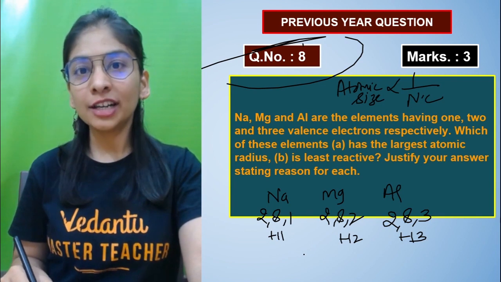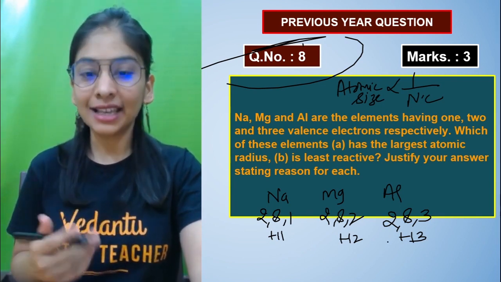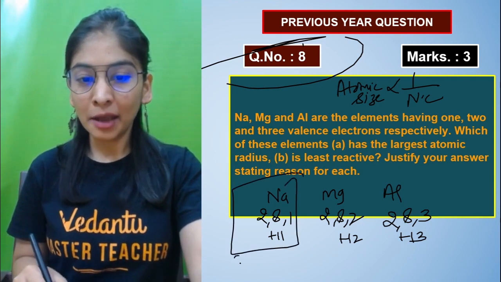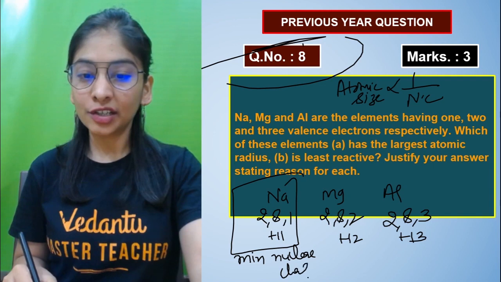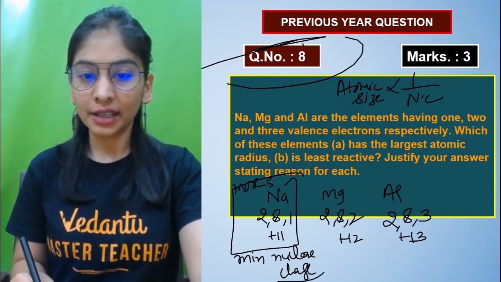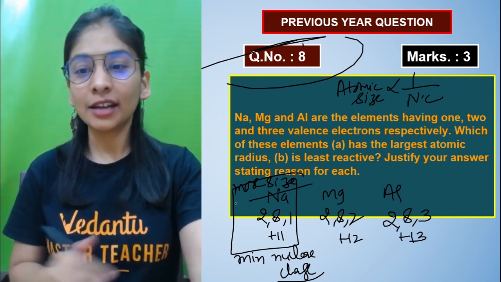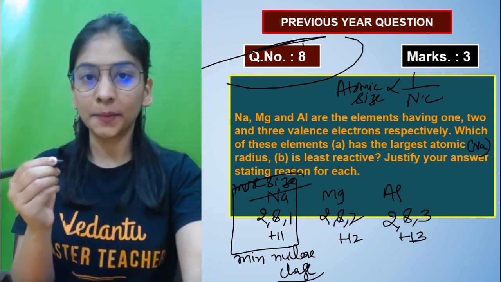More and more nuclear charge, more pull they will show towards electron and lesser size it will be. Sodium has minimum nuclear charge here. Less nuclear charge means less tendency to pull, so comparatively more size. So you can say that here sodium has the largest size in a period.